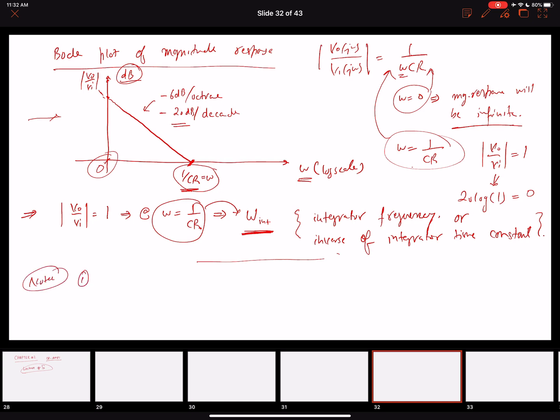So, important notes: at DC, omega equals 0, the capacitor behaves as an open circuit, and there is no feedback.